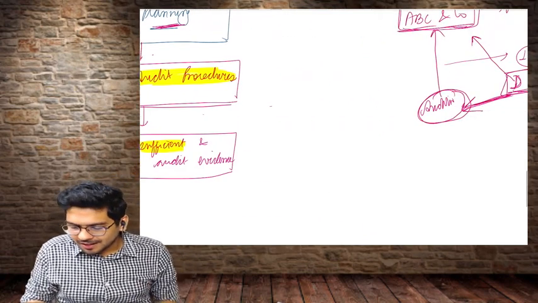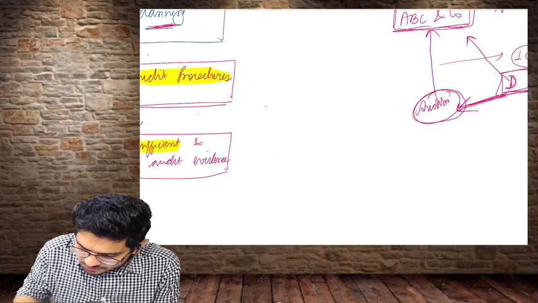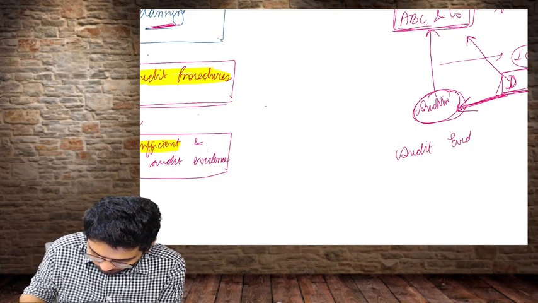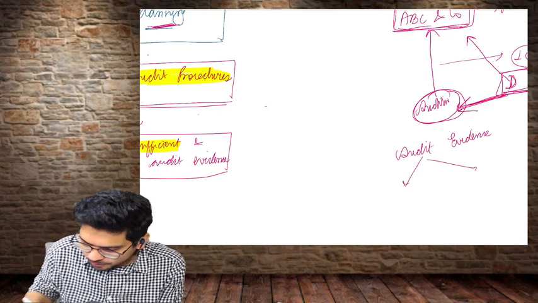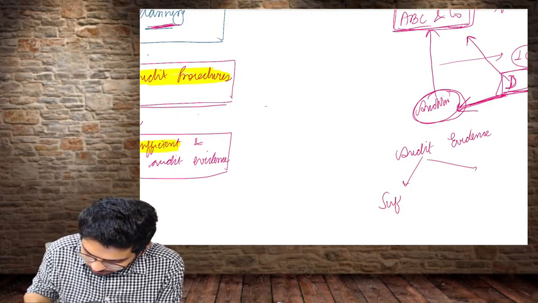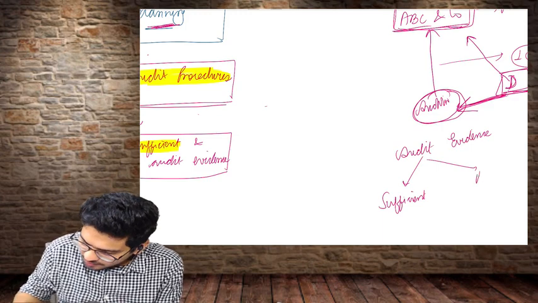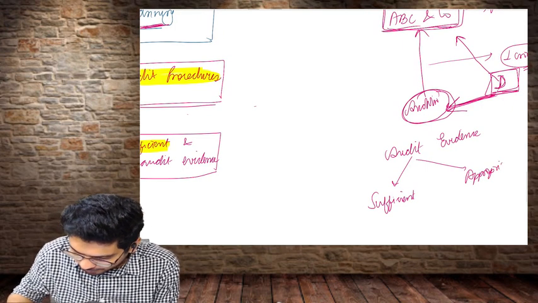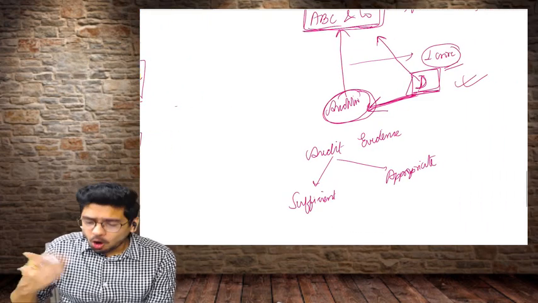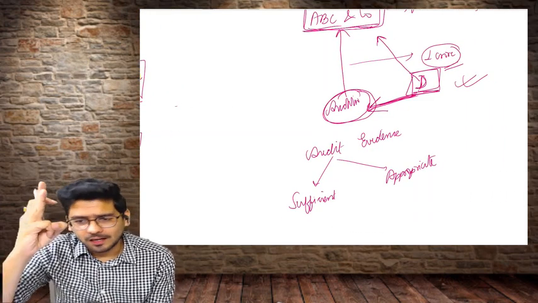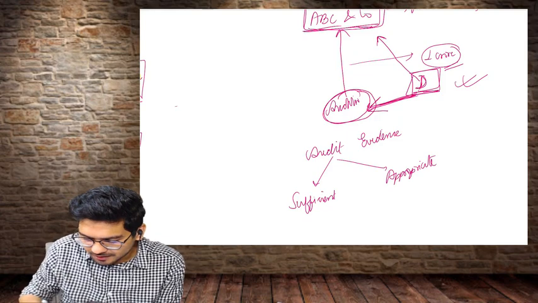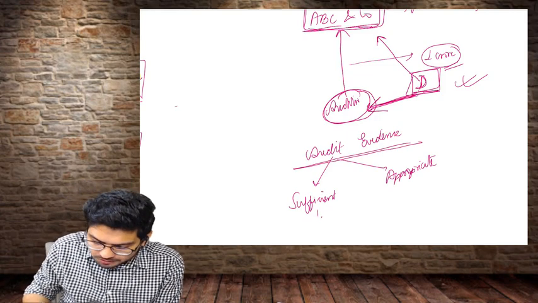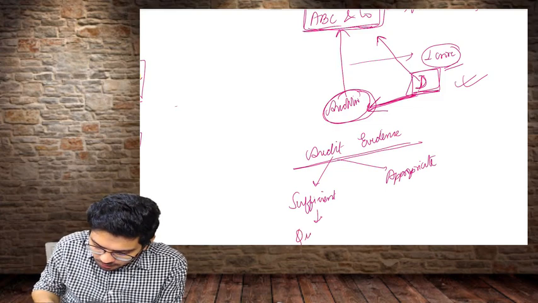Now, let's understand the 2 words. Audit evidence has to be sufficient as well as appropriate. Now in my example of land and building, how many procedures did I apply? 3. So sufficiency is basically how many evidences you have obtained. When I talk about sufficiency, it basically means quantity.